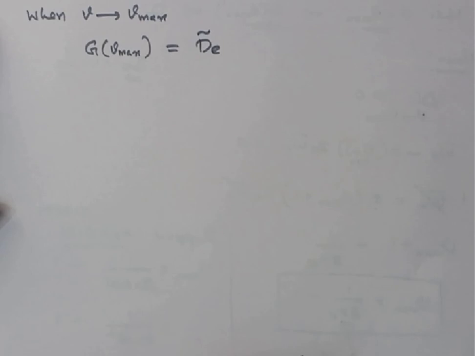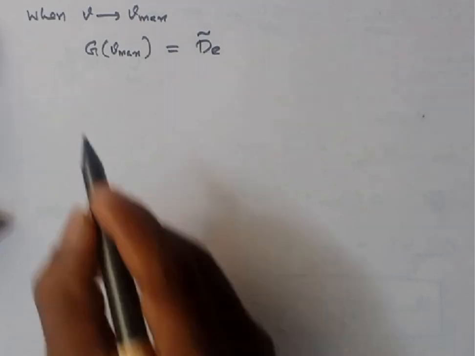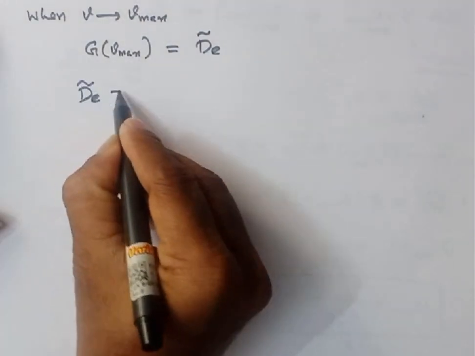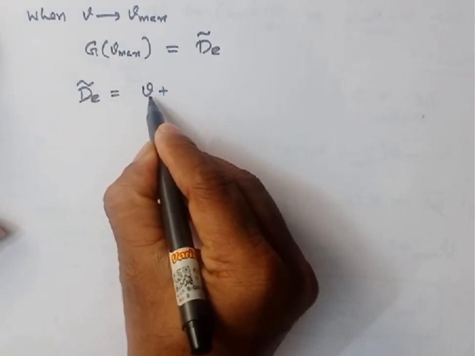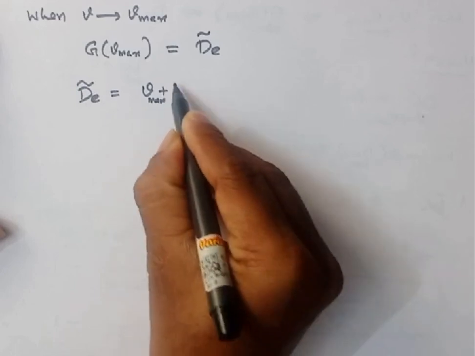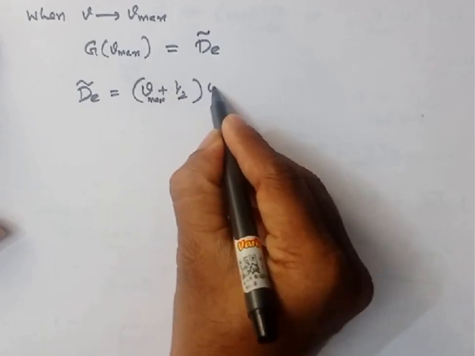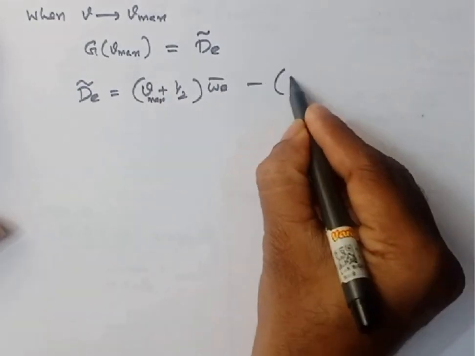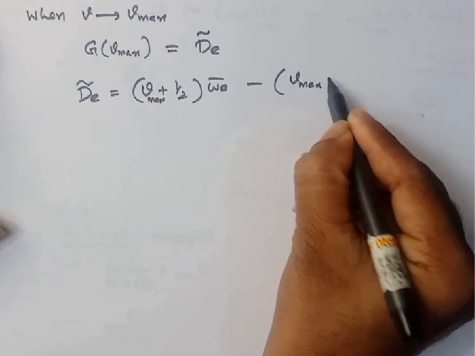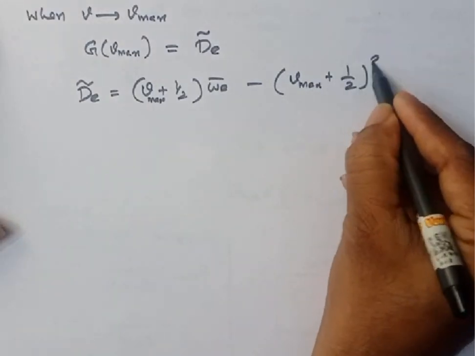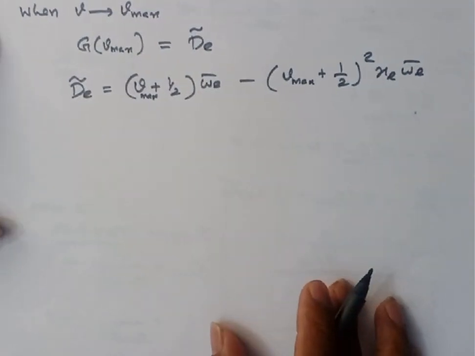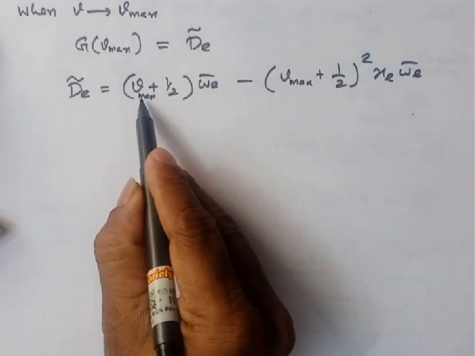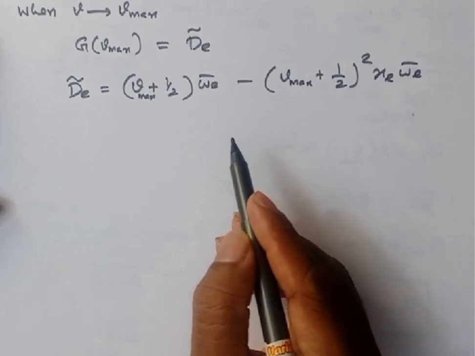So De equals, what is the G(V) formula? You know very well: (V plus half) omega e bar minus (V plus half) whole square into Xe omega e bar. Wherever V is there, I'll put Vmax. Now wherever Vmax is there, you put 1 by 2 Xe minus 1.